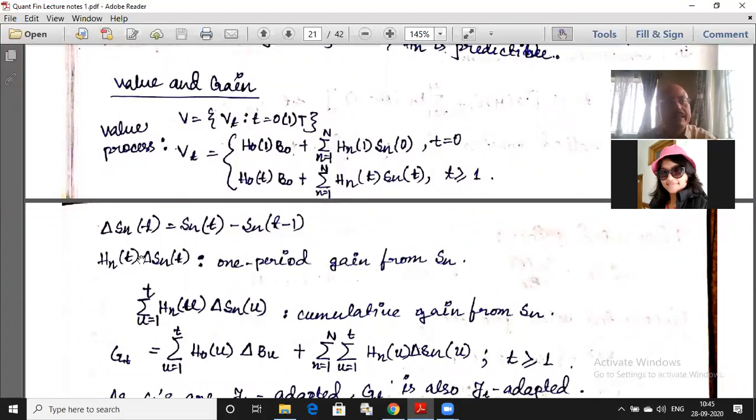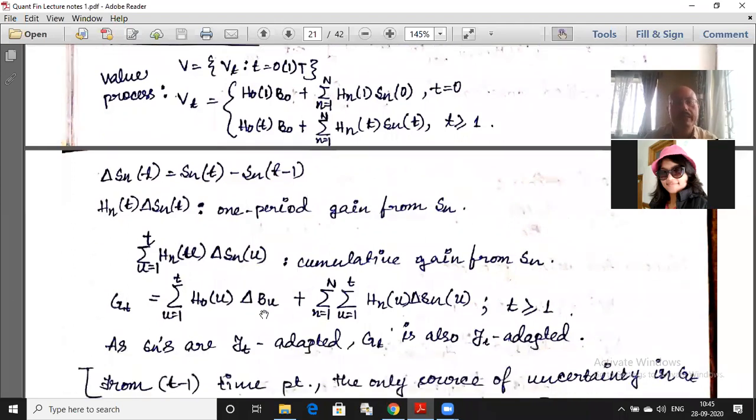And delta SNT is again defined as the change in the stock price, but now we have capital T many of them, and our one period gain from any stock is then given by HNT delta SNT. Remember, HNT is decided on date T minus 1, and delta SNT is SNT minus SNT minus 1.